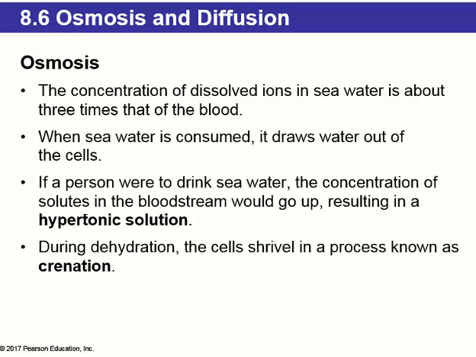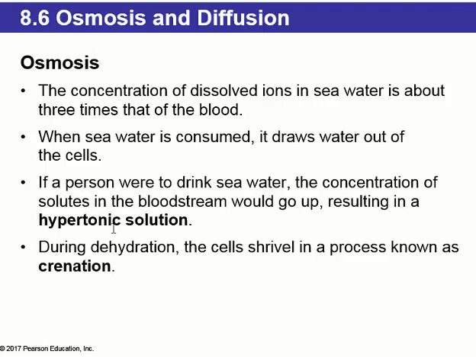Let's look at the other situation where the concentration of dissolved ions is higher than that in the cell. An example of that is seawater. So for example, if we drink seawater, then the concentration of dissolved solutes in the bloodstream would increase, and therefore there would be more solutes in the blood than in the blood cells.